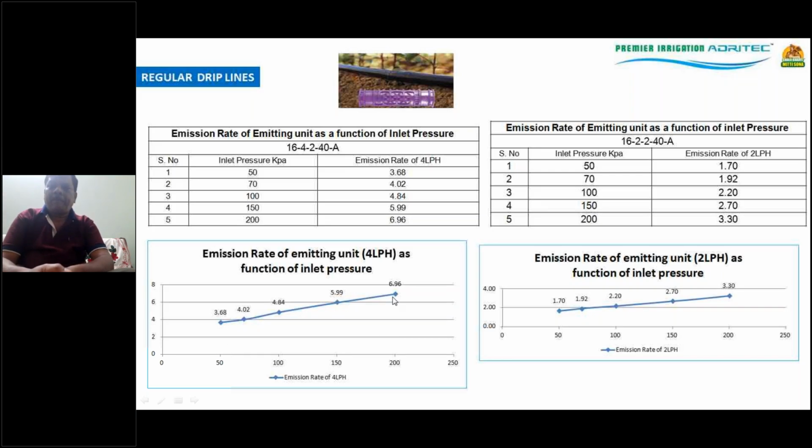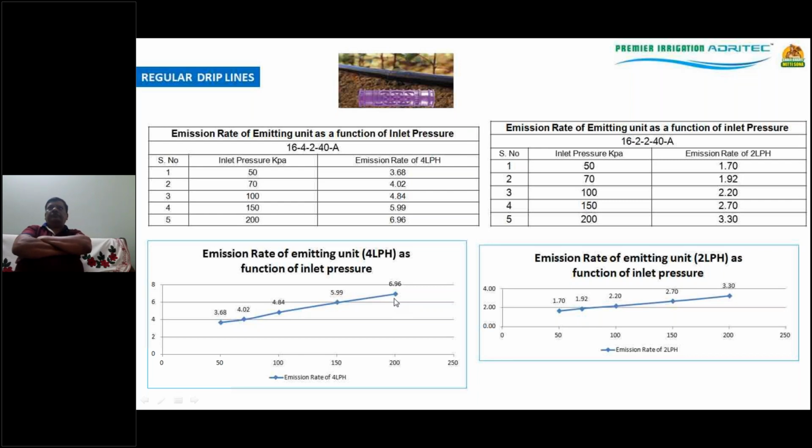What is the implication of this? For example, in a borewell, you know that during the summer the water levels will drop and the pressure will also come down. Even in such a condition, our dripper will be able to give you water. Even at half a kg pressure, it will still give you about 3 liters. And after the rains, if the water is higher and the pressure is higher, we'll still get a higher discharge.